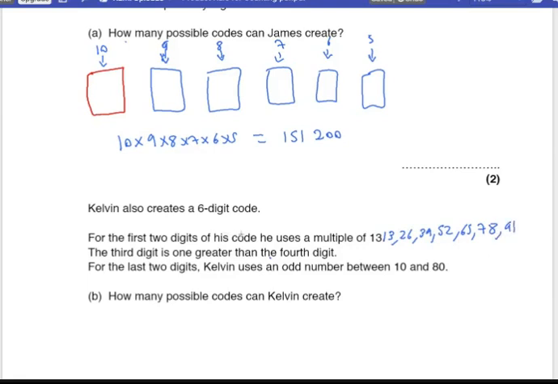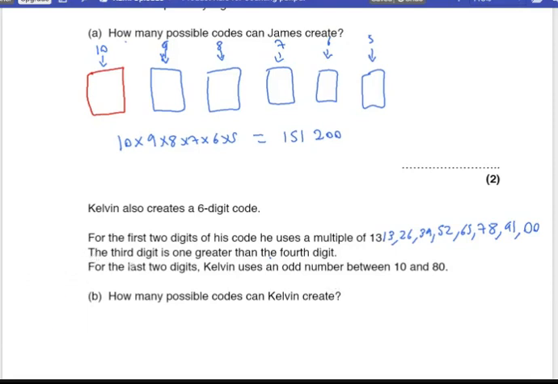But because it's a 6-digit code still for this iPad or whatever, and you are allowed to start off digits with zeros, technically it's going to be 8, because you could also have 00, which is 0, which technically is a multiple of 13 because 13 times 0 gives you 0. Again, not the typical kind of thing you'd get in an exam. They'd always make it clear, but that's just one thing that I thought I'd add.